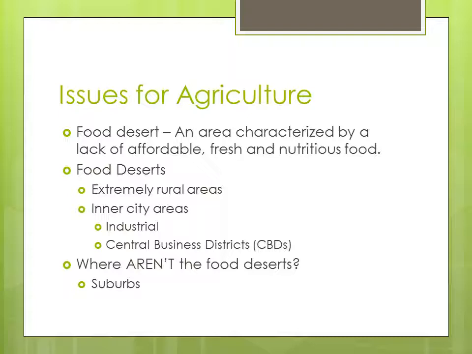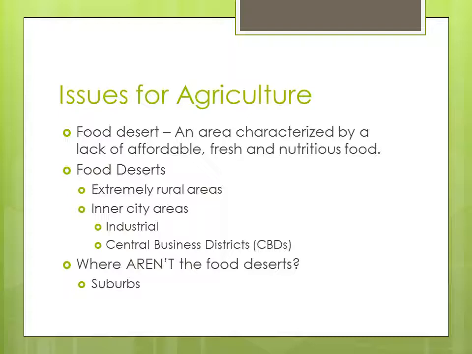And food deserts we tend to find in rural areas, as well as in inner city areas, areas that were historically industrial areas, as well as what we will define in unit number 7, the central business districts. And so these inner city areas tend to be lower income, as well as much more densely populated. And so we tend to see a lack of grocery stores that are easily accessible.